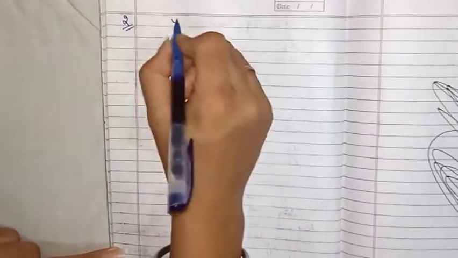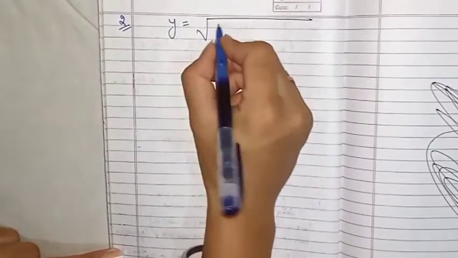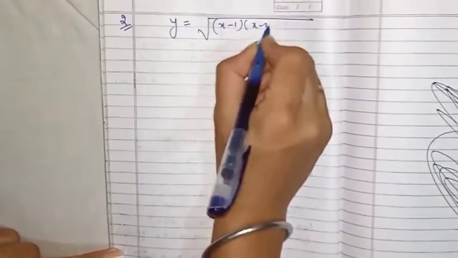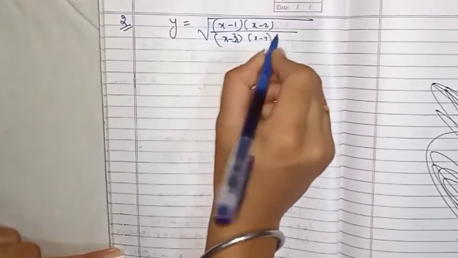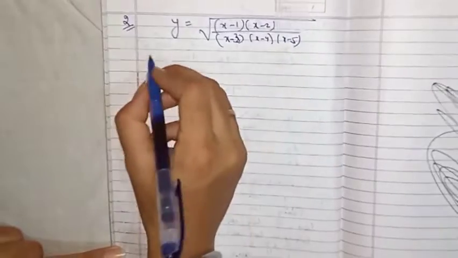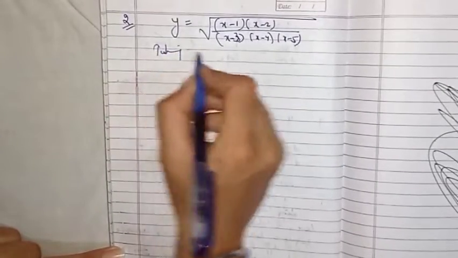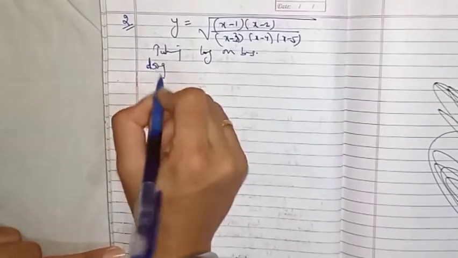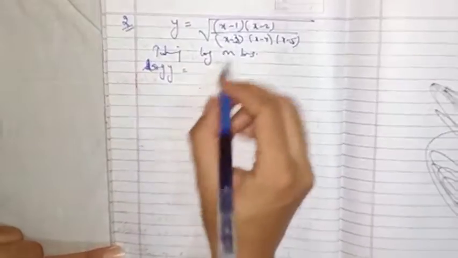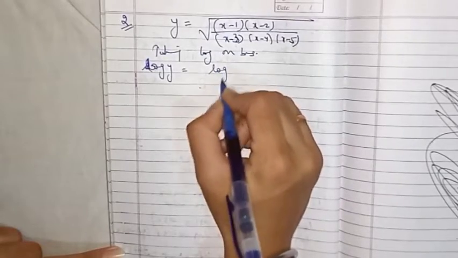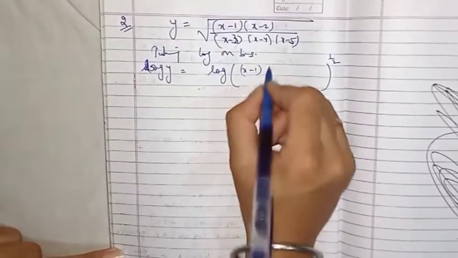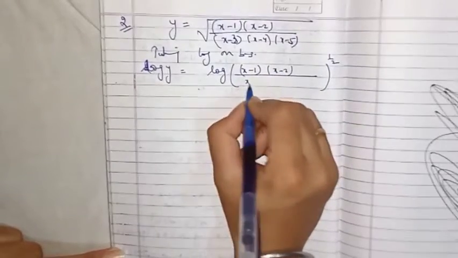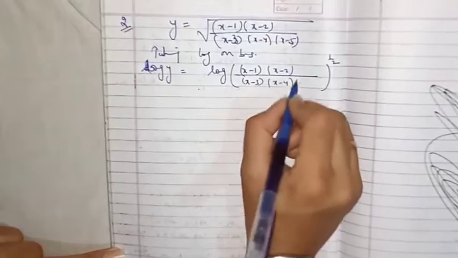Second question is y equal to under root of (x minus 1)(x minus 2) over (x minus 3)(x minus 4)(x minus 5). Taking log on both sides, I'll get log y equal to log of, I'm going to write this root as power 1 by 2, (x minus 1)(x minus 2) over (x minus 3)(x minus 4)(x minus 5).